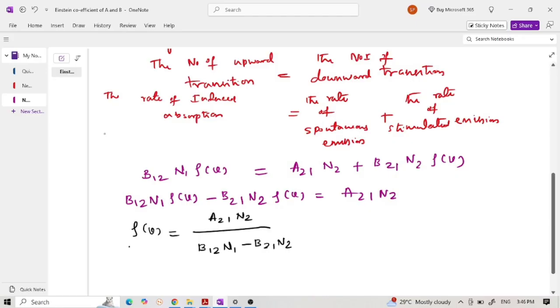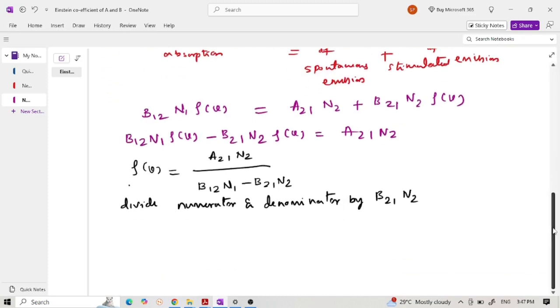Here we divide the numerator and denominator by B21 N2.